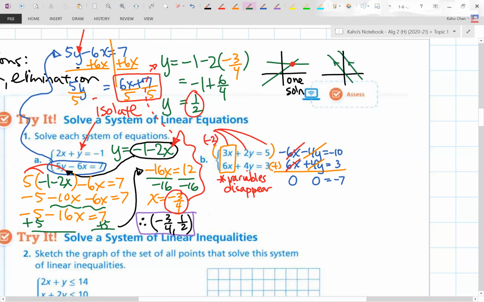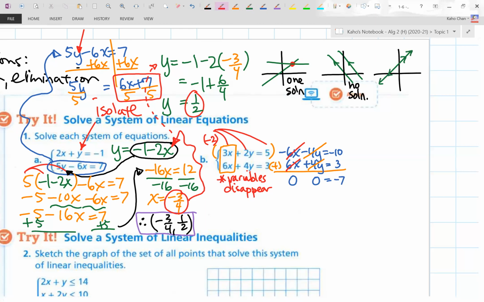Do they ever cross? No. This is where we have no solution. The third possibility is what happens if they happen to be the same line? When they're the same line, all the points coincide infinitely. When that happens, this is considered to be all real solutions or an infinite number of solutions.